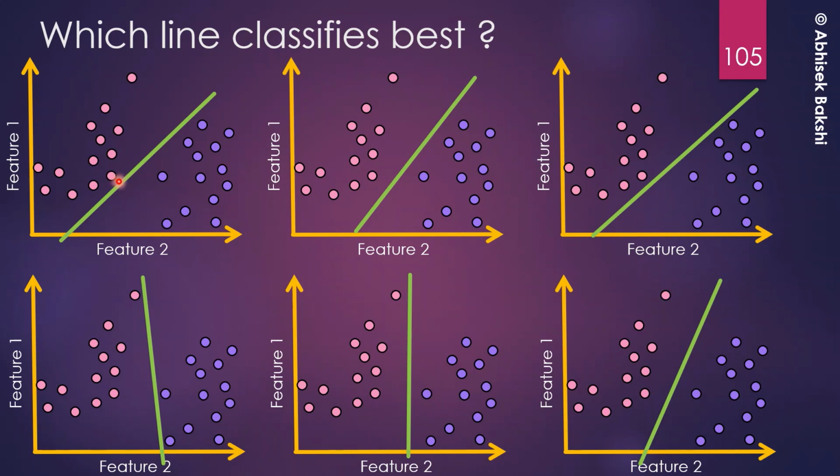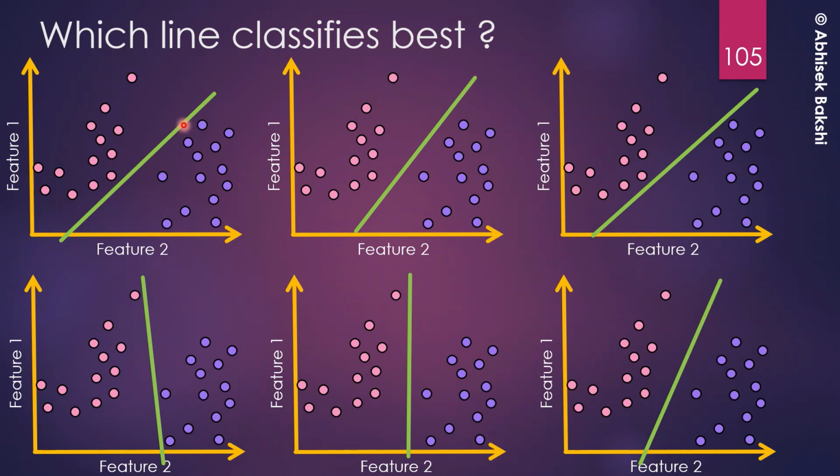Because the distance is very small. If the distance is huge, for example this point, the distance between this point and this particular line is very high. Naturally, the output of the sigmoid function in that case will be towards 1, because as distance increases it will be towards 1, as distance decreases it will be towards 0, that we have seen.